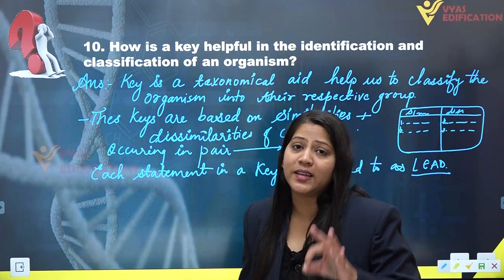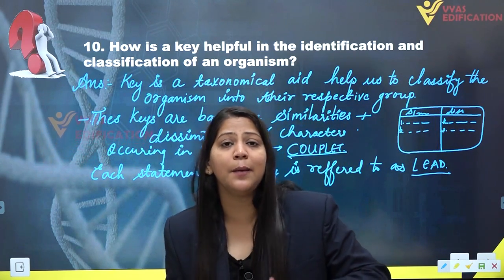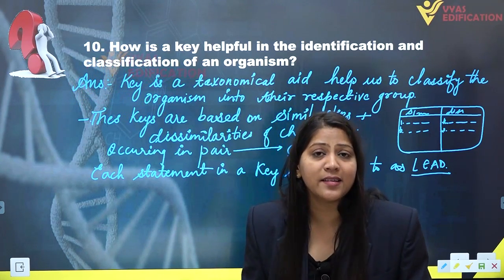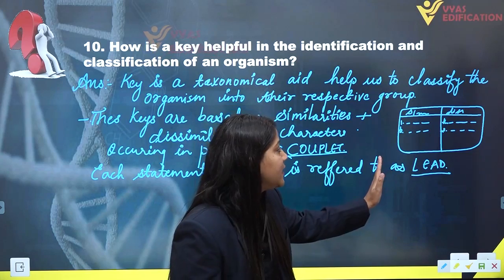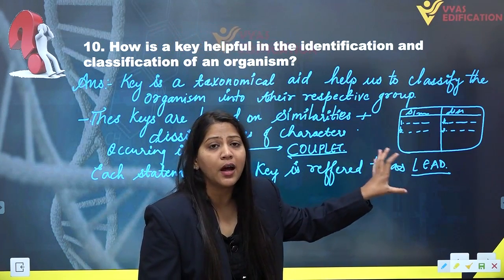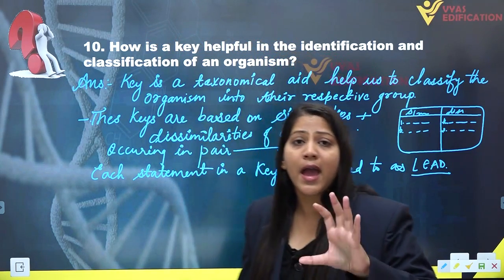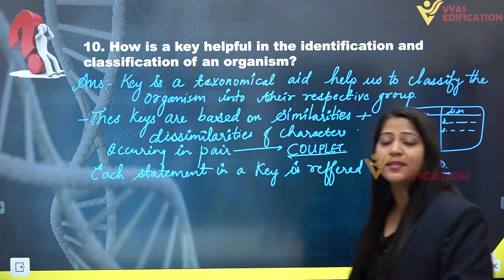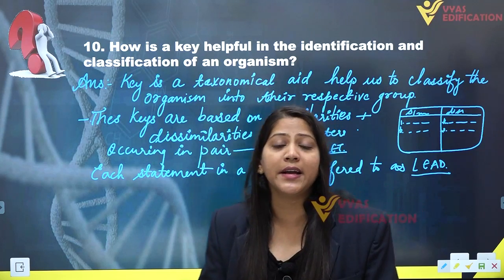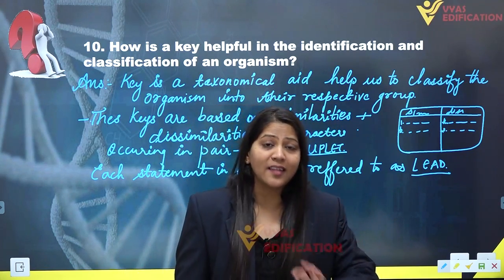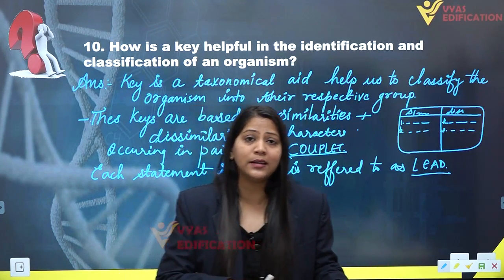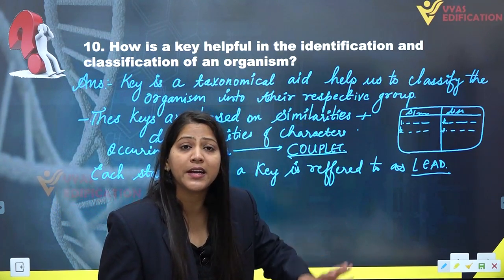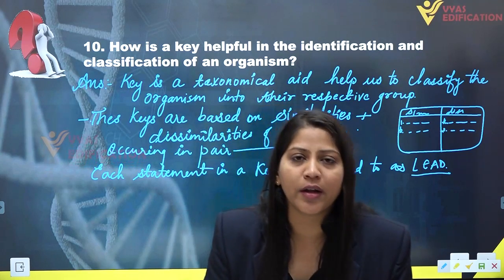And also this key can help us to identify any unknown organism based on the similarities and dissimilarities given in it. So a key can help us to classify the taxonomic rank into different categories, as well as identify any unknown organism.